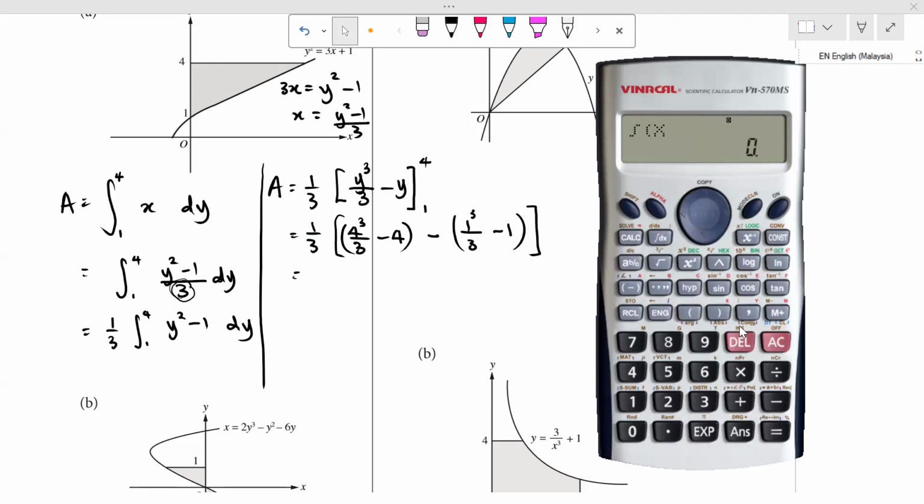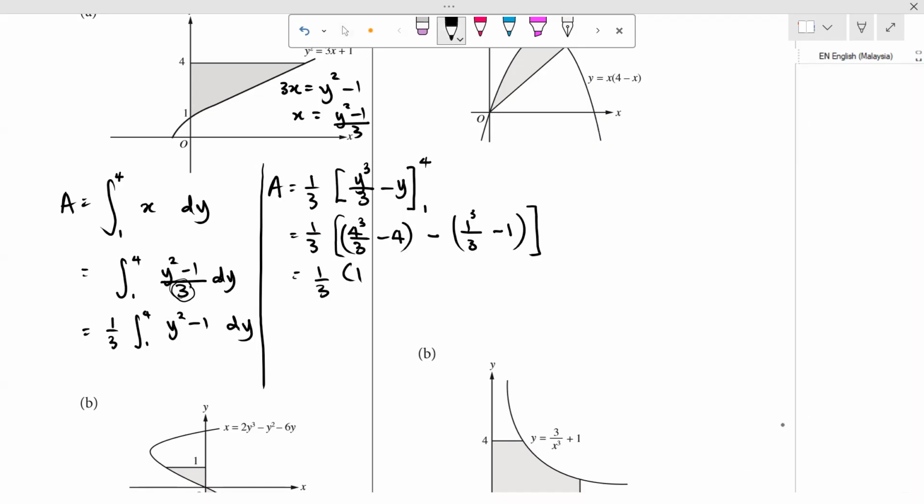So x squared minus 1, with the 1 over 3 outside, because our substitution also never involved the 1 over 3. So from 1 to 4, it's 18. Therefore, 1 over 3 times 18, the answer is 6 units squared. Is that okay? Right.